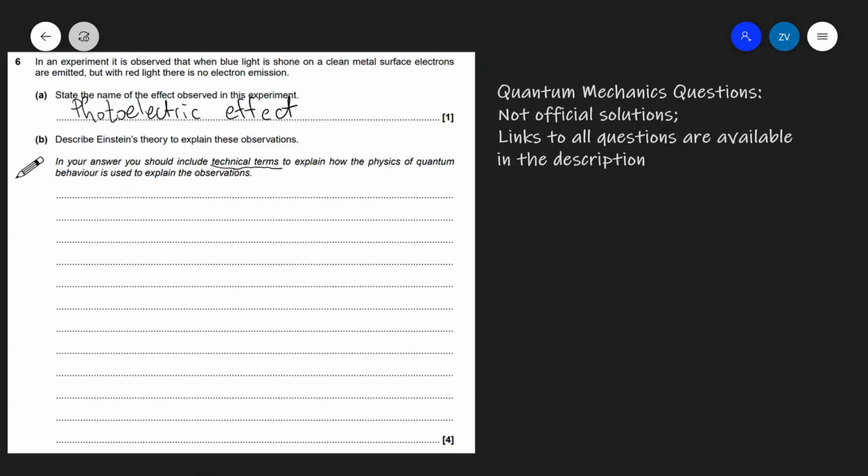Also, in terms of photons is another technical term. So even when I'm writing this, I'm just going to write work function, photons, just as a reminder that I need to use all of those words, and how the physics of quantum behavior is used to explain those observations. Okay, well, let's tackle this 4 marker.